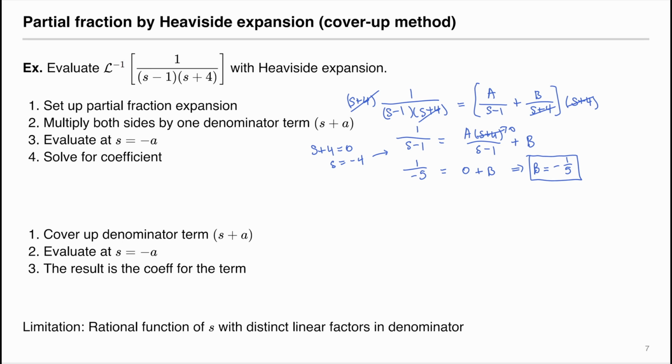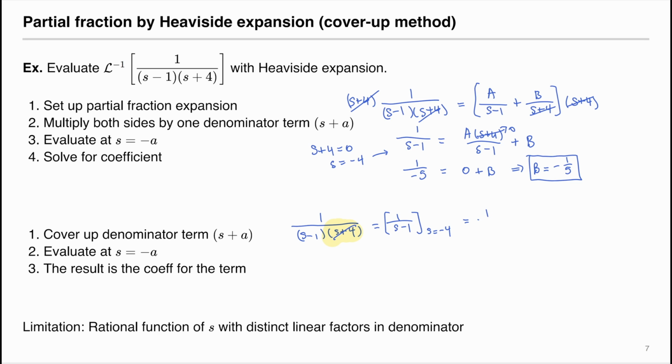Similarly, we can use the cover-up method, which is a little bit simpler but still the same. We want to cover up the target factor so that we have 1 divided by s minus 1, and we evaluate this at s equals negative 4.